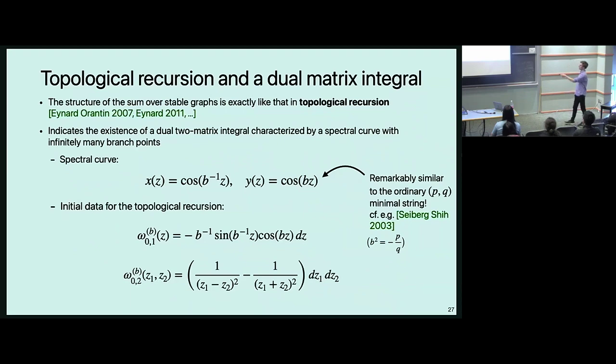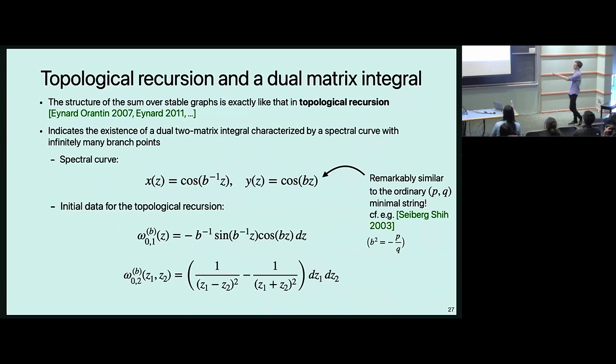And from this spectral curve, we can compute the initial data for the topological recursion. So first is this leading differential, omega 0,1. In the Virasoro minimal string, the only difference was that this cosine was a sine. And omega 0,2 takes the canonical form in matrix integrals, but dressed with this correction term, which turns out to be important.